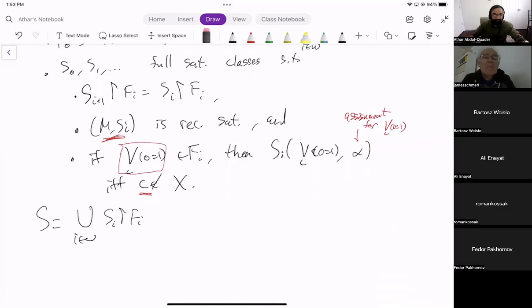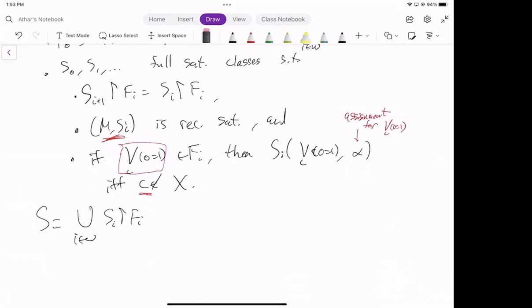I think Fedor gave a couple of talks on this over the last couple of years. So there is another construction of a full satisfaction class which does something interesting without going past the model itself. You're right, I should have clarified that. It's not entirely true that this is the only one.